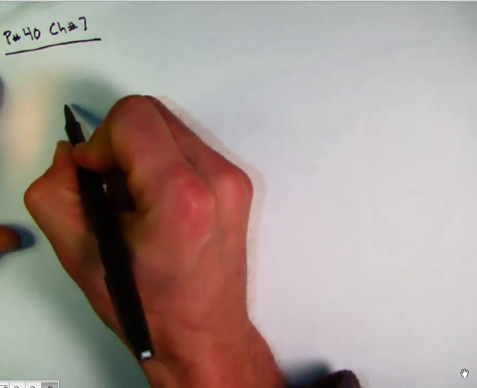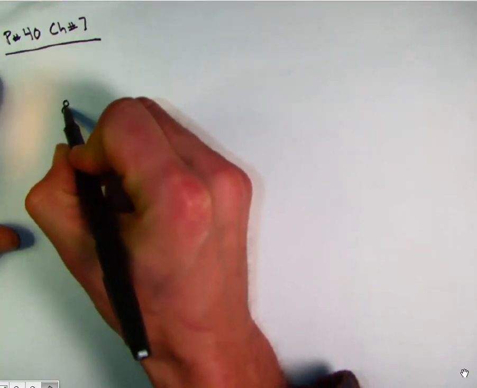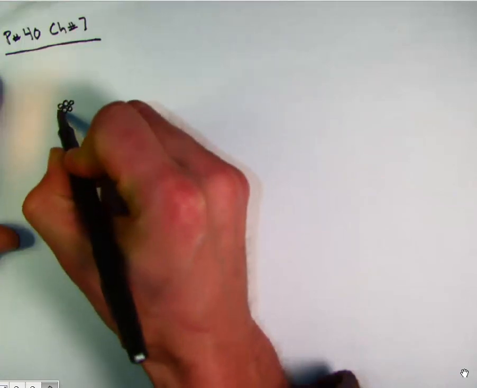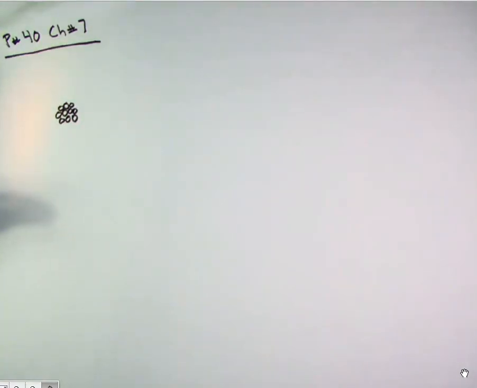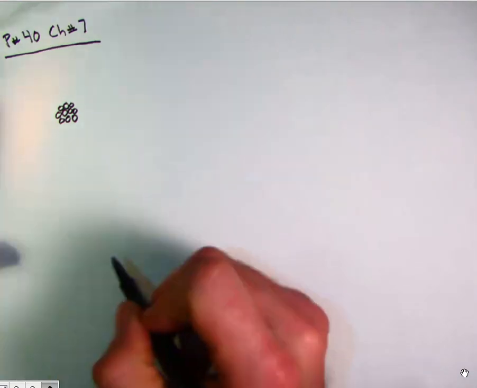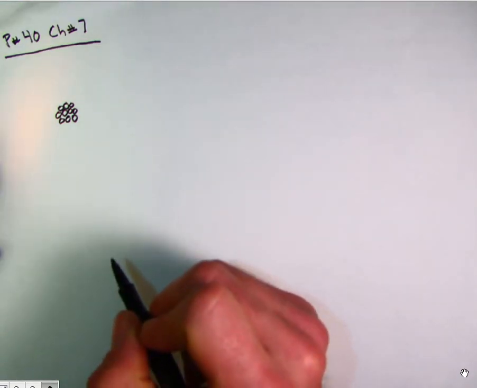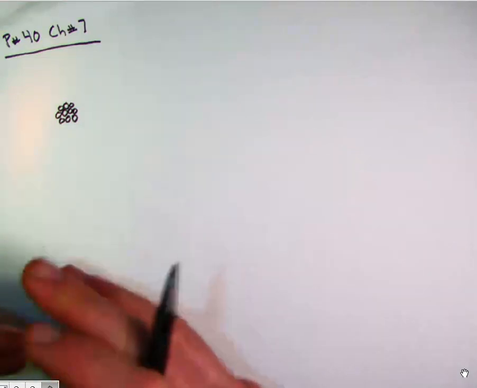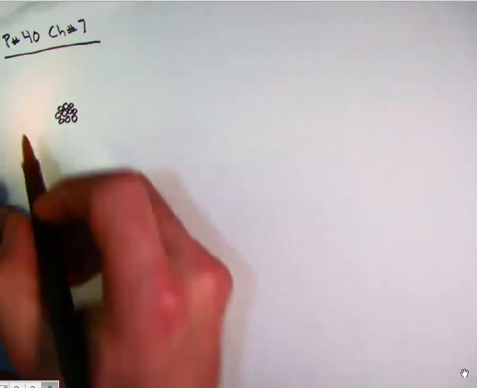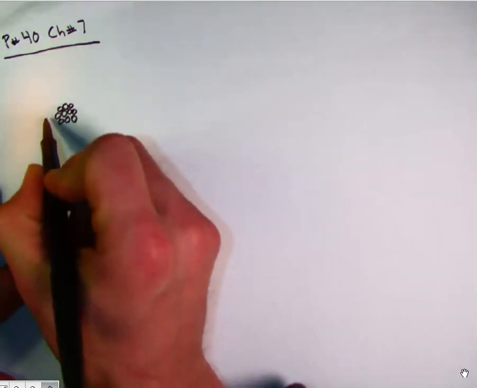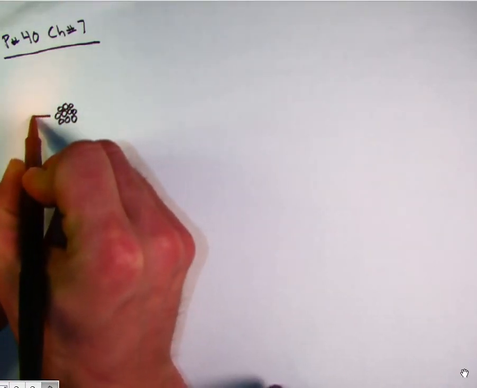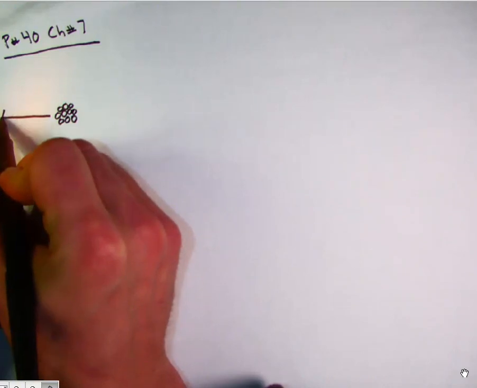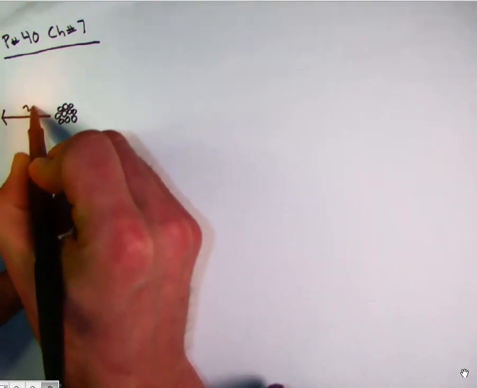So in this problem, it states we have a nucleus, made up of protons and neutrons, discovered by Rutherford. And so we've got a nucleus, and it undergoes a beta decay. After this beta decay, we have a neutrino that fires out of the nucleus in this direction.